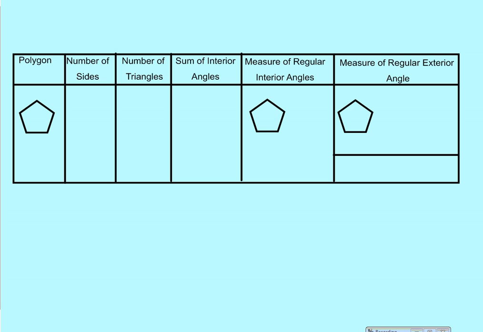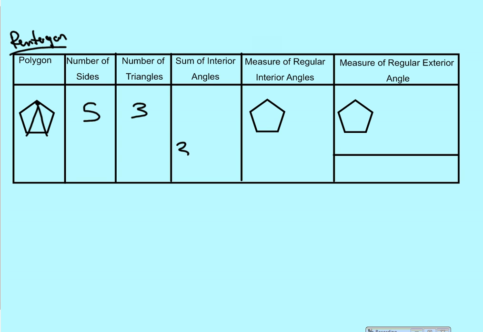So a polygon with 5 sides, we call that a pentagon. How many triangles can I draw? It doesn't really matter where I draw it from. If I take it from the top, 1, 2, that's 3 triangles.